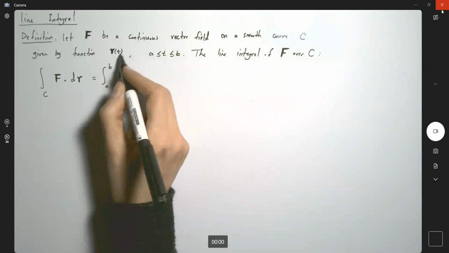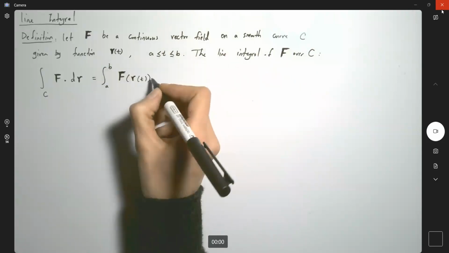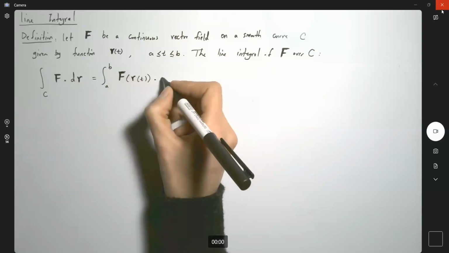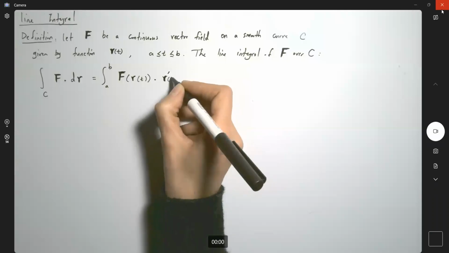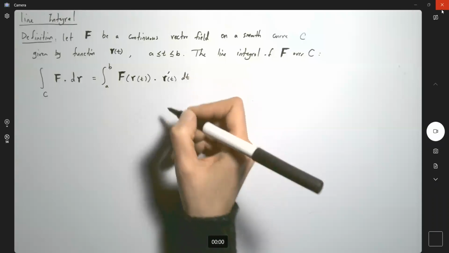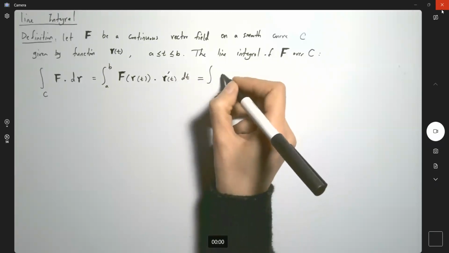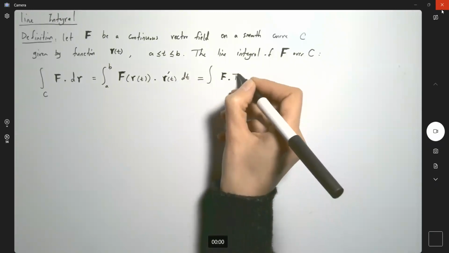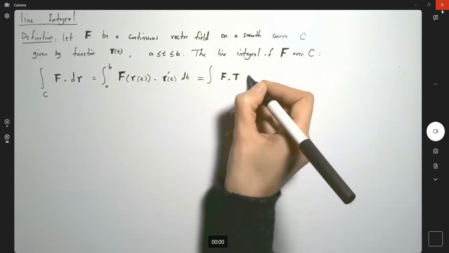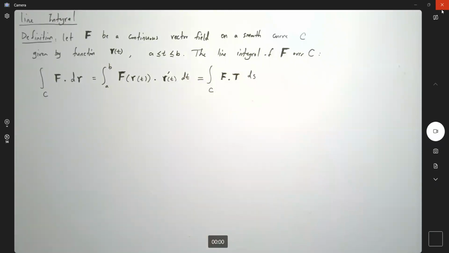So you just substitute r into function F, dot dr, which is r prime dt. This is also equal to the integral F dot T ds over curve C.